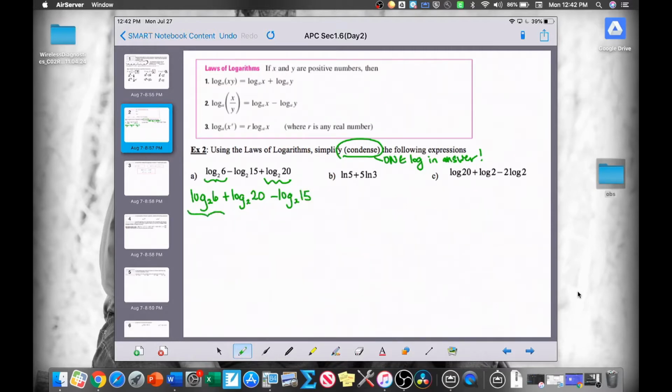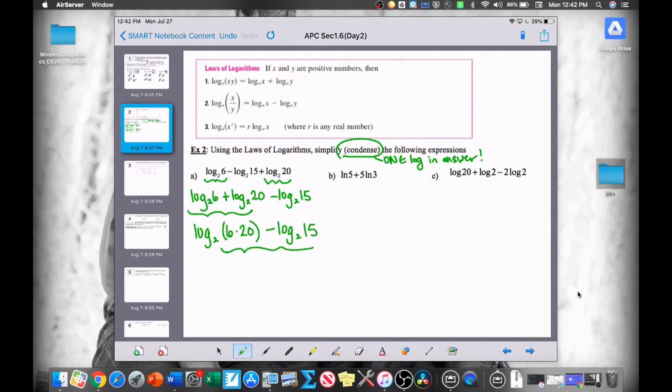And then these two, I'm going to use law number 1, which is that addition condenses to multiplication. So this would be log base 2 of 6 times 20 minus log base 2 of 15.